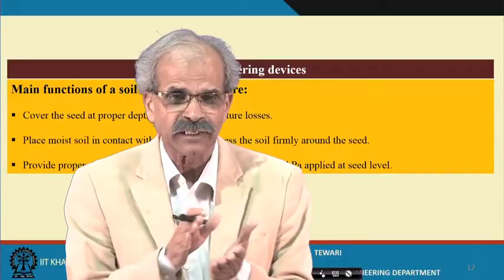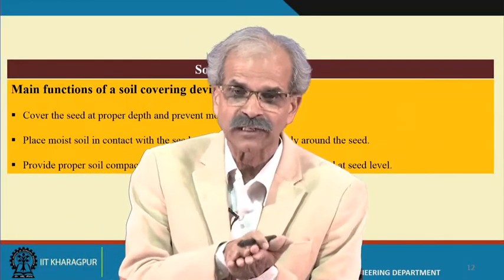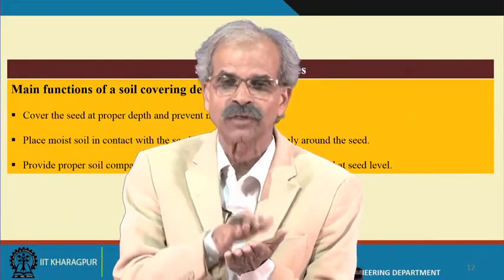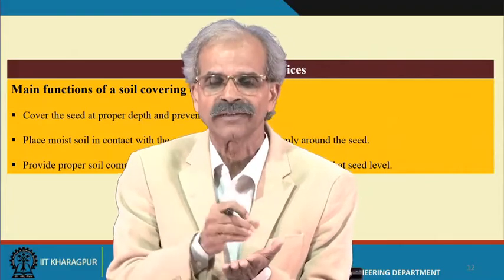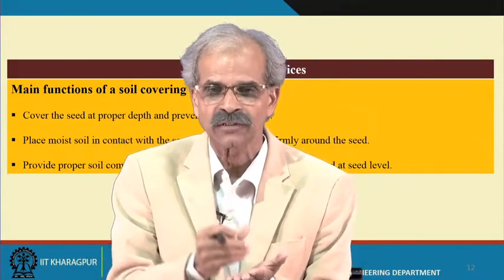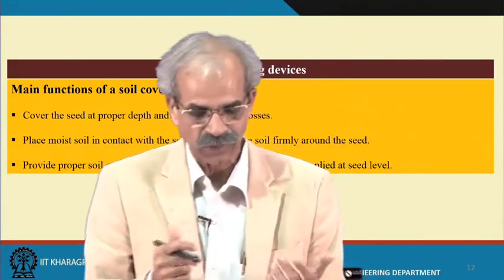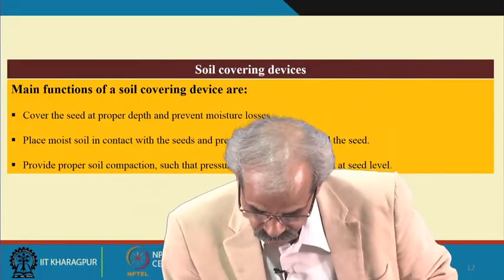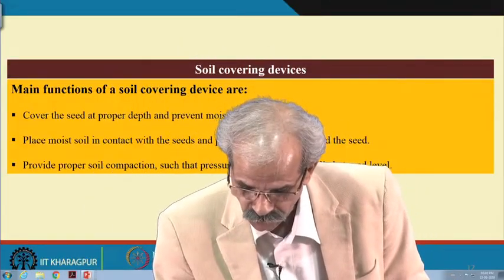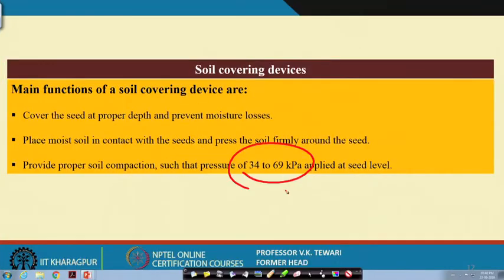The aim is that it must be covered to an extent that while it grows, there will be mechanical impedance, which we call soil resistance, for the emergence of the seed. And that value is about 34 to 69 kilopascal of the soil compaction that needs to be done with all the different types of devices. We will have a look at these devices.